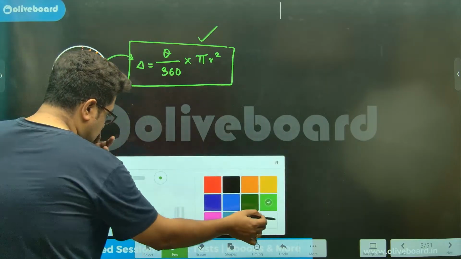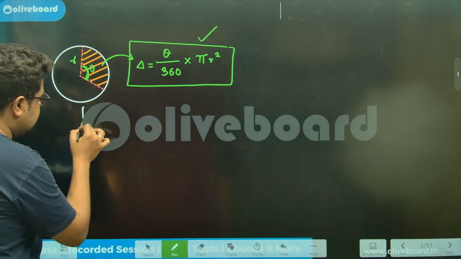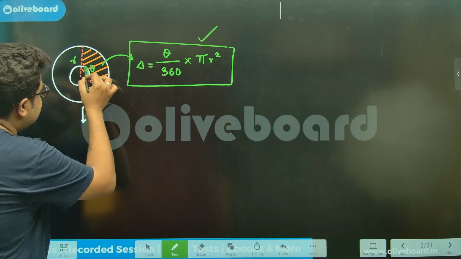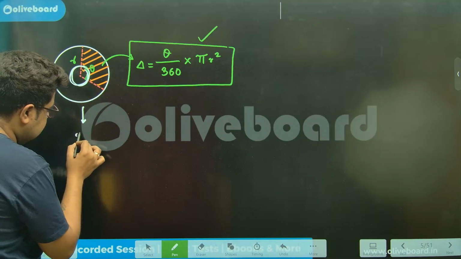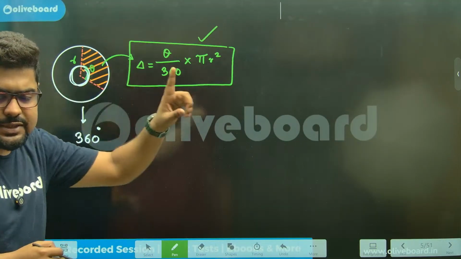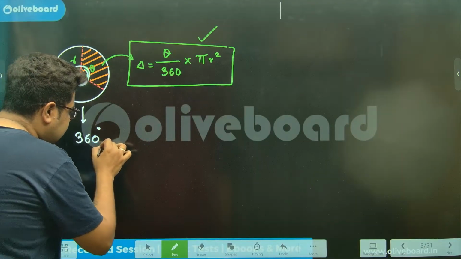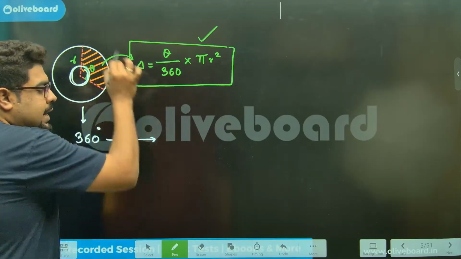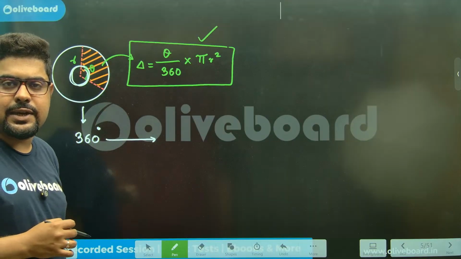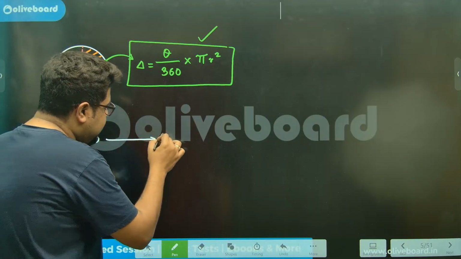Think like this. If I take the central angle as the whole, meaning 360 degrees, one complete rotation, then my sector area is the whole circle area, so the area is pi r square.